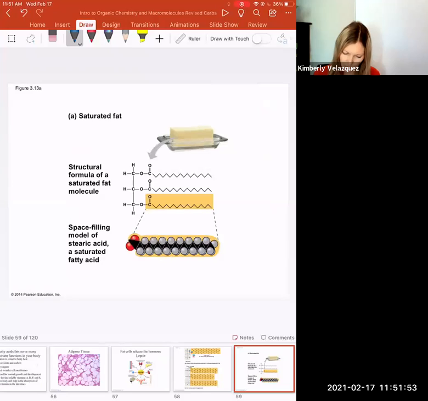I want to show you this picture too. So this showed you the saturated fat, also called the saturated fatty acid. It's another name for it. And you can see it's very linear. This butter is shown here because we typically think of most saturated fats as being the animal fats, so meat, dairy.